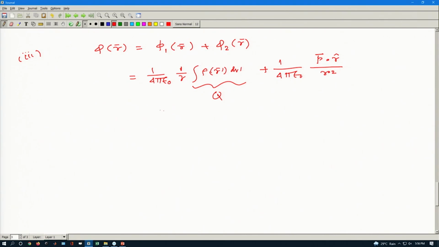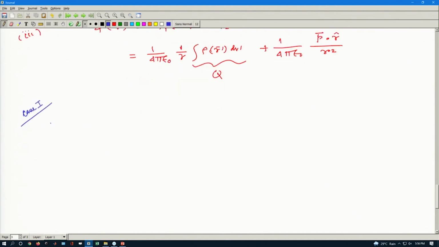So, simply I can write this for case 1. I know what the monopole is, what q is and what p is. So, my result should be phi at r for case 1.